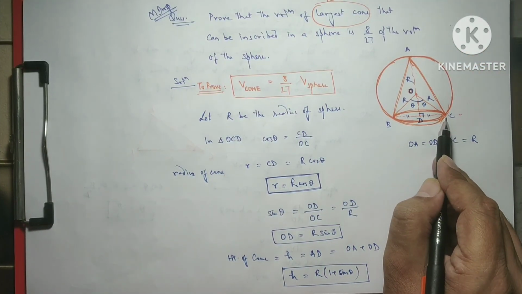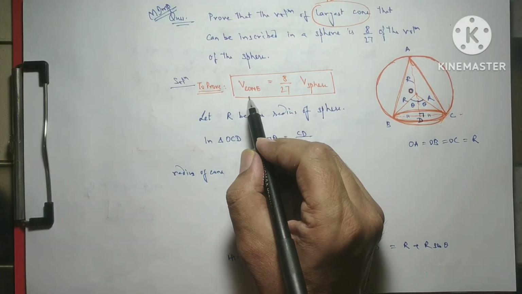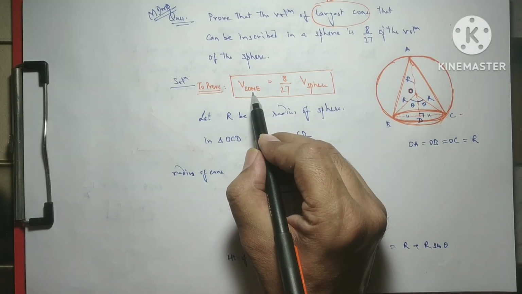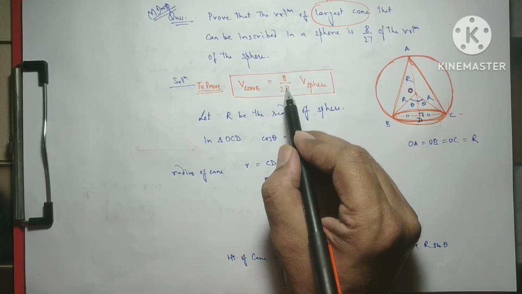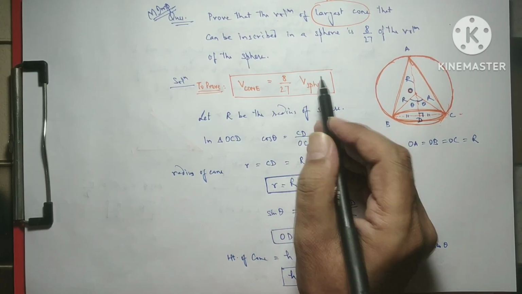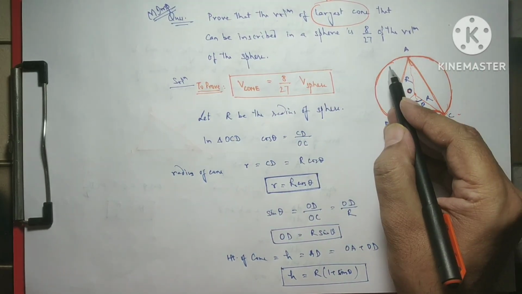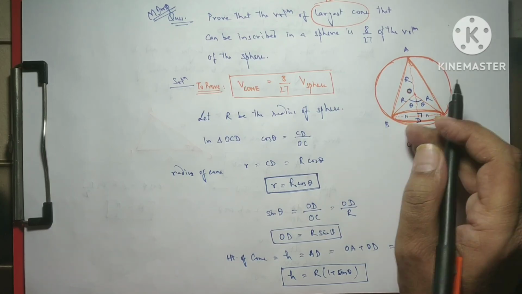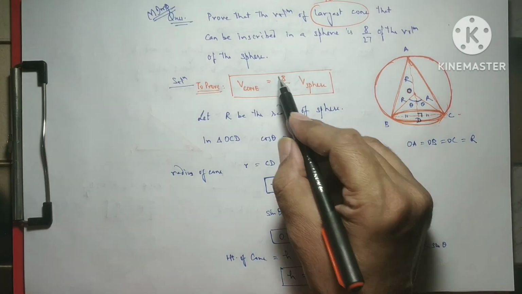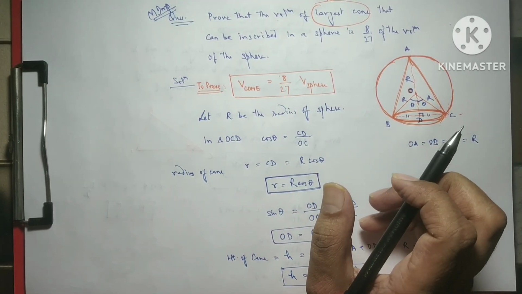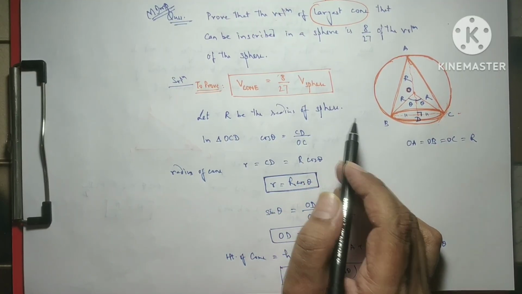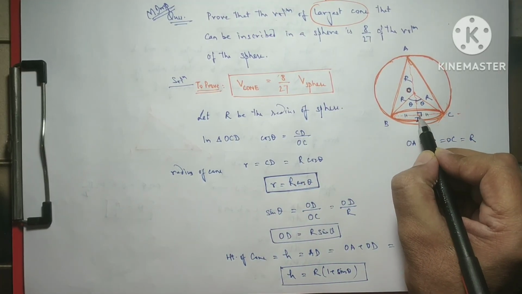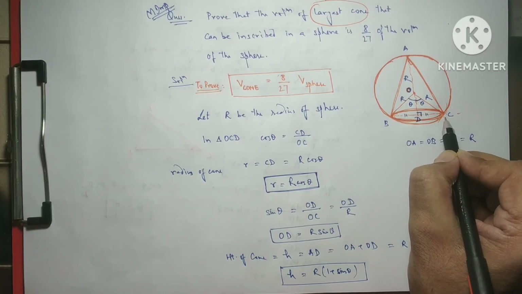Given is the radius, and we want to show V cone, meaning the volume of the cone, equals 8 over 27 times the volume of the sphere. So the total sphere is this, and the volume of the cone is 8 over 27 of it only, right? So R is the radius of the sphere, and we are taking this triangle OCD.